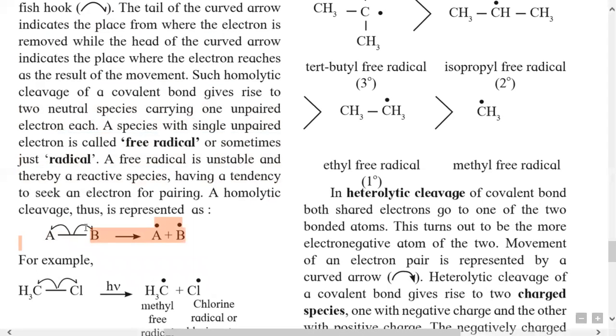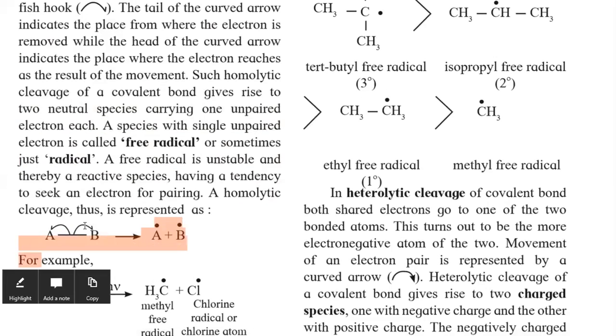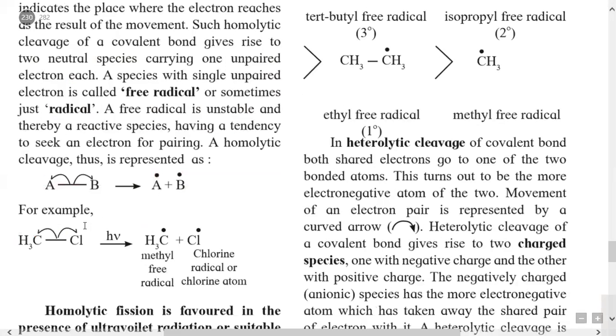So the A atom possesses one unpaired electron, called an A free radical, and the other product is the B free radical. In this way, after homolysis of the AB bond, we get A free radical and B free radical.